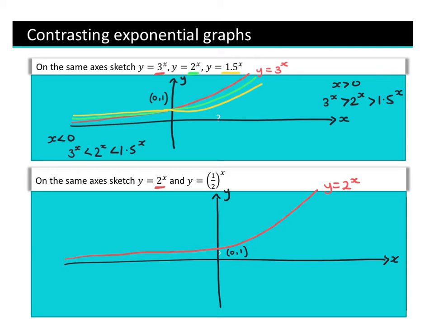Yeah? So what we're actually going to find is this is a reflection in the line y equals 0. So reflection in the y-axis is going to now, our graph of y equals (a half)^x.